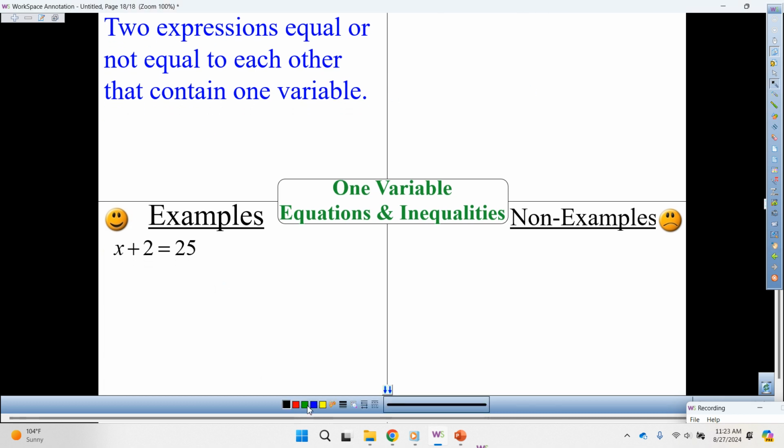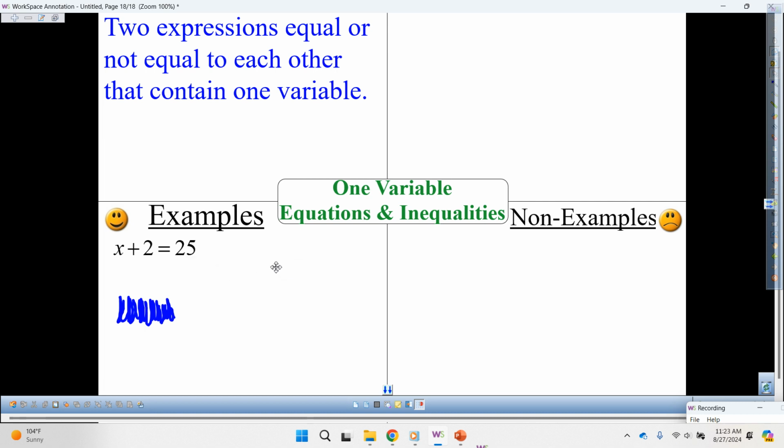So let me ask you this: is x plus 2 an expression? Yeah, by itself, it's an expression. How about if I was to move this over and scribble over this? Is 25 an expression? Yes, it's expressing an amount. So, do we have an expression equal to another expression? Yes.